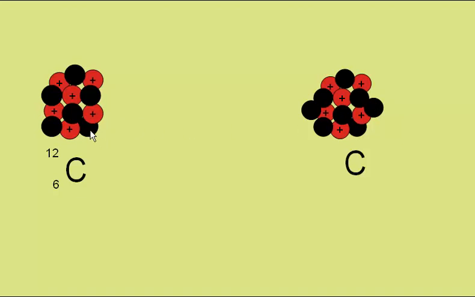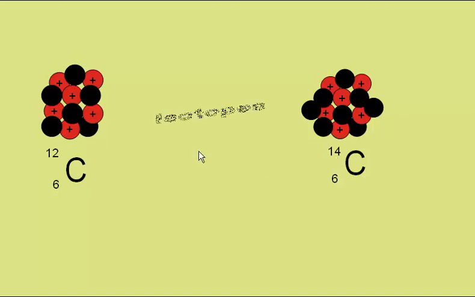This one has got just 1, 2, 3, 4, 5, 6 neutrons. In terms of the numbers, it has 6 protons, so the Z number down here will be 6, but 6 plus 8 is 14, so it has a mass, or A number, of 14.